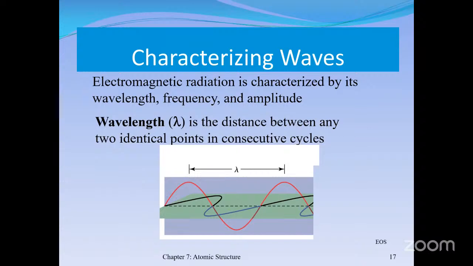I like to look at it in terms of two successive peaks. So the wavelength, its unit can be literally any unit of length, meters, centimeters, whatever. And traditionally, it is represented by the Greek letter lambda, which is this right here. Lambda kind of looks like an upside down Y. Okay, so that's a wavelength.